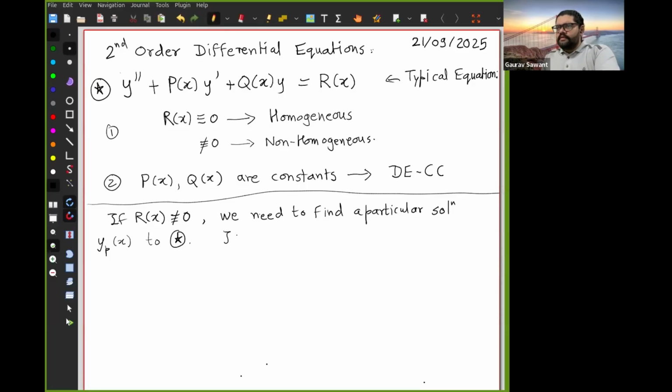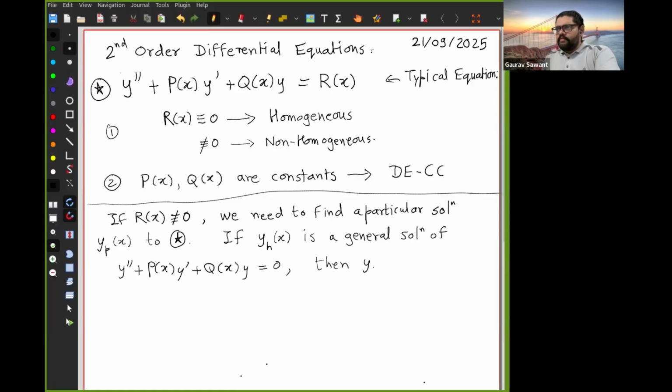And if yH is a general solution of the associated homogeneous equation y double dash plus p(x) y dash plus q(x) y equal to 0, then yH plus yp is a general solution of the equation that we want to talk about.